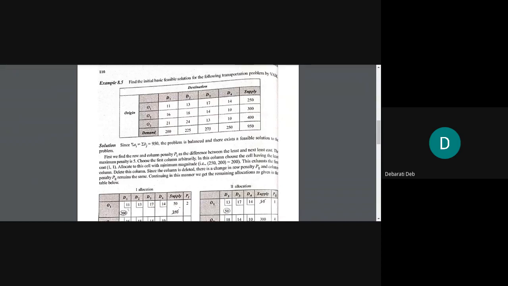Okay, now you see, this is a transportation problem given, and you are asked to find the initial basic feasible solution by using VAM. All right.